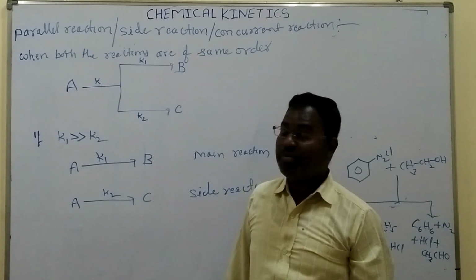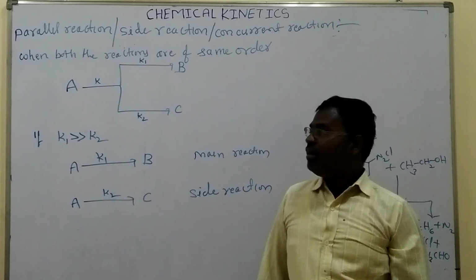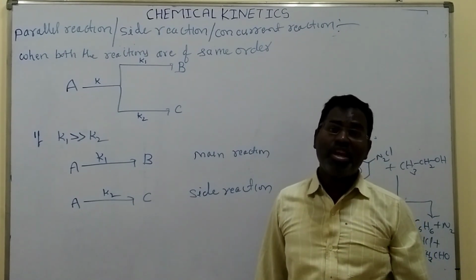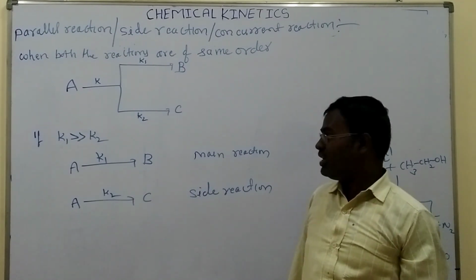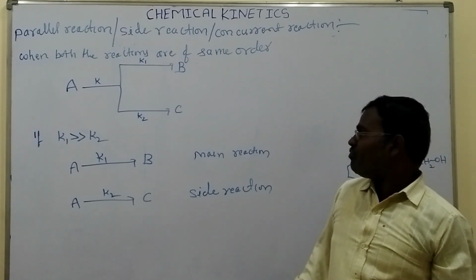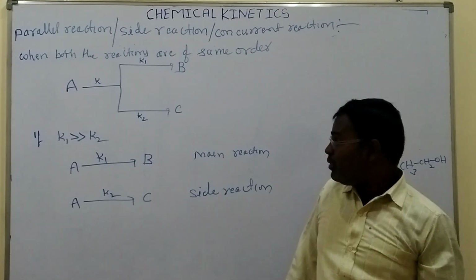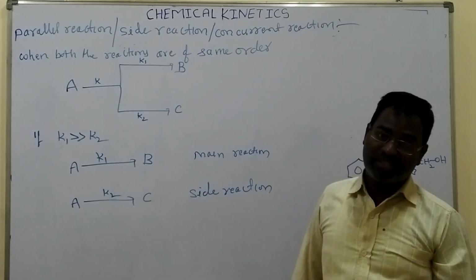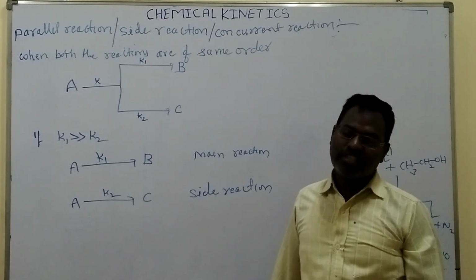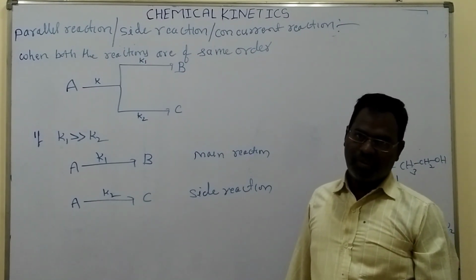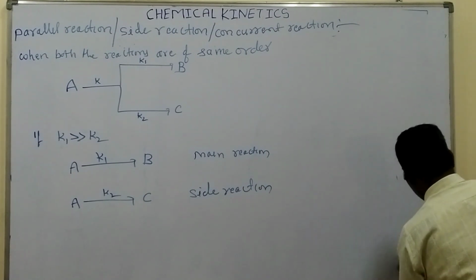The initial concentration of reactant A is small a, and after time t, X moles per liter of A will be transforming into B and C. So after time t, the concentration of reactant A is a minus X, whereas the concentrations of B and C are X each. So how can we write that?